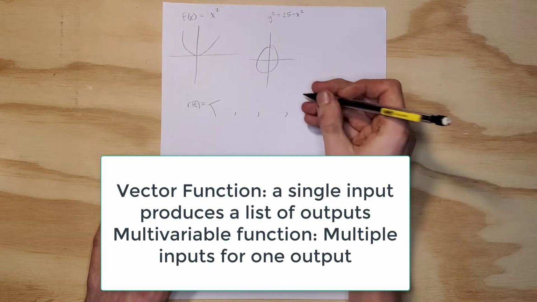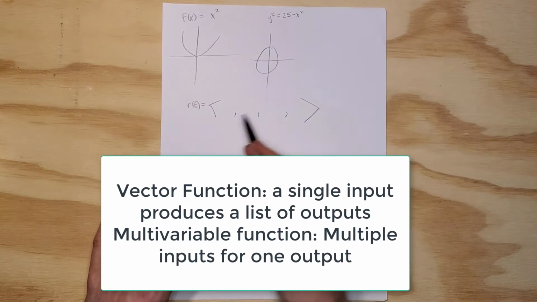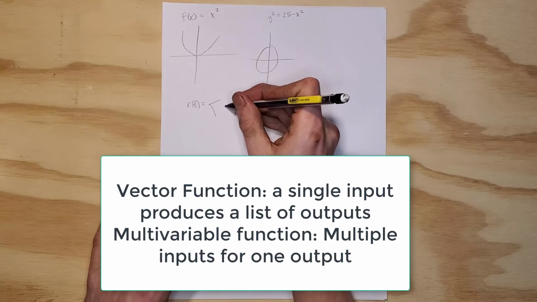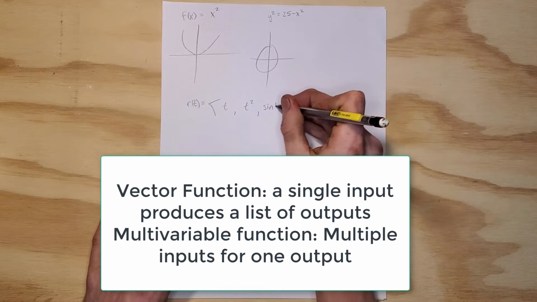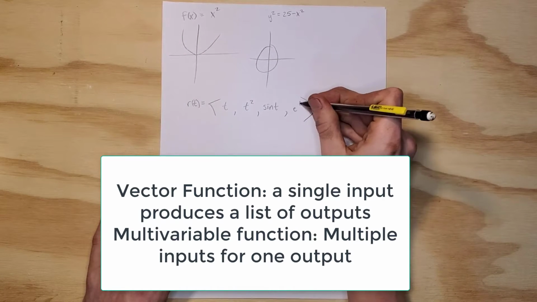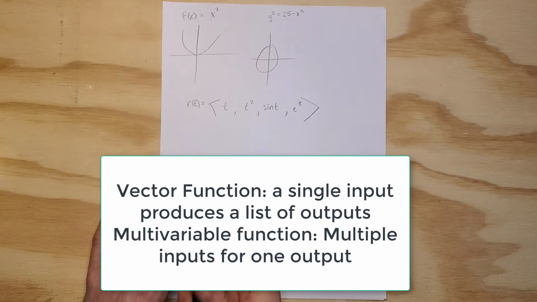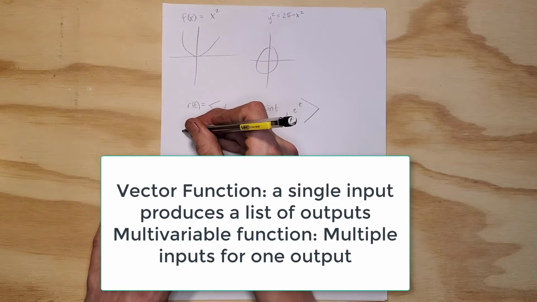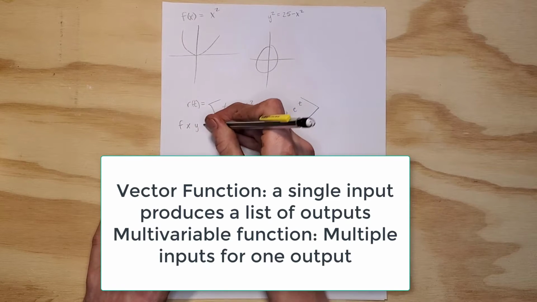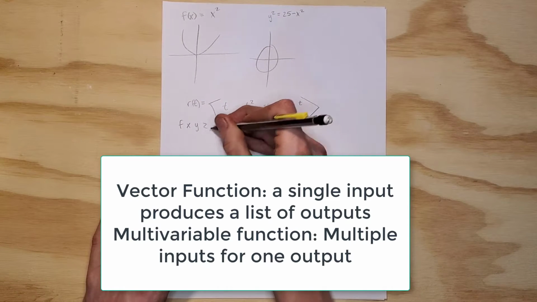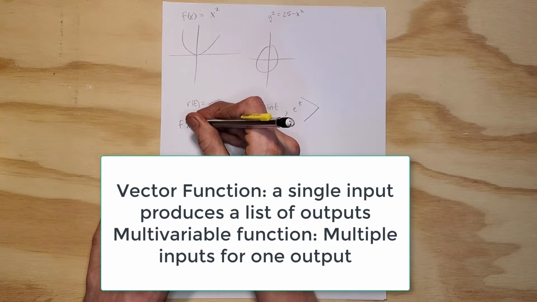So you can have a list of functions enclosed by chevrons, such as t, or t squared, or sine of t, or e to the t. And you can have multivariable functions. So instead of f of x, you can have f of x, y, z, t, as many independent variables as you would like.